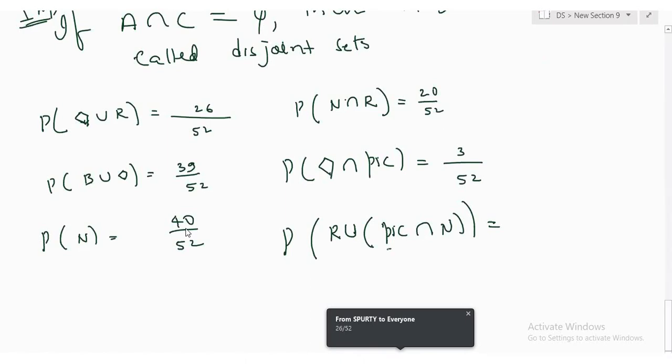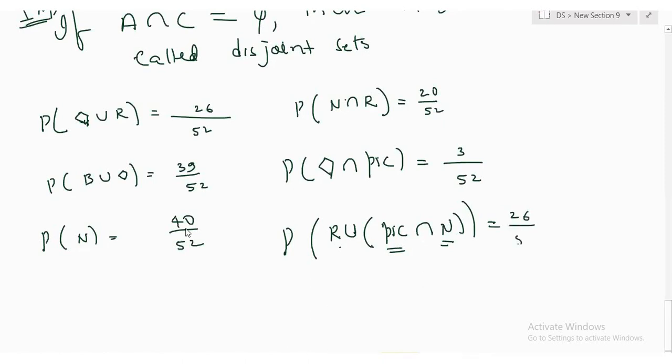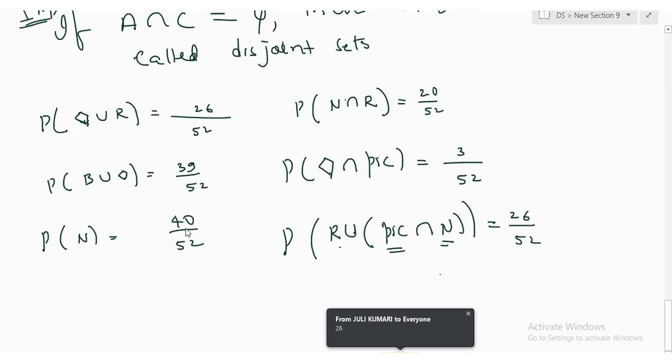How many pictures which are numbers? Zero. Okay, this is a null set, right? R union the null set is what? R only. So this is 26 divided by 52. Easy or difficult? Easy.